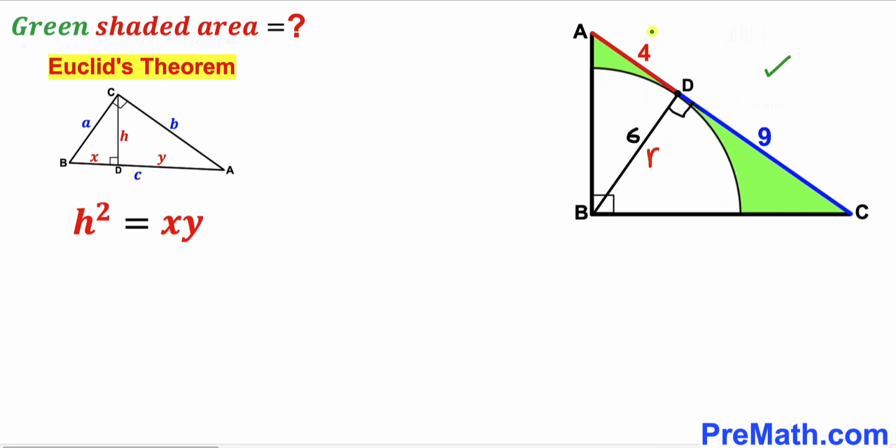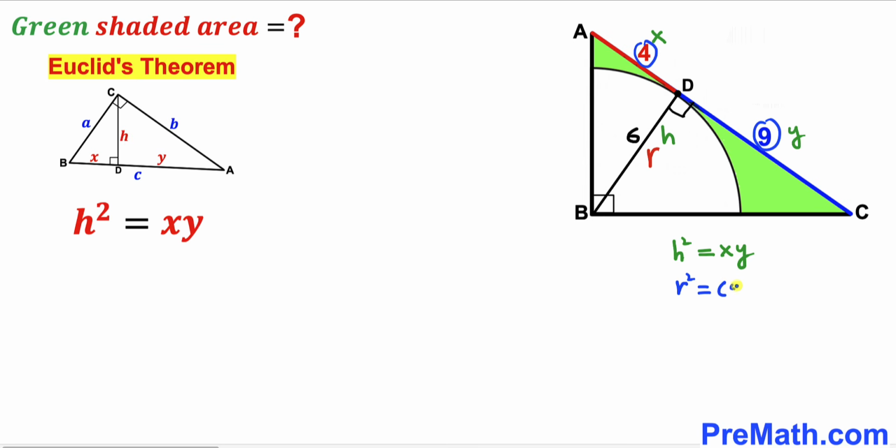If I call this segment x, this segment y, and this height h, then h squared equals x times y. In our case, h is our radius r, so r squared equals x times y, where x is 4 and y is 9.